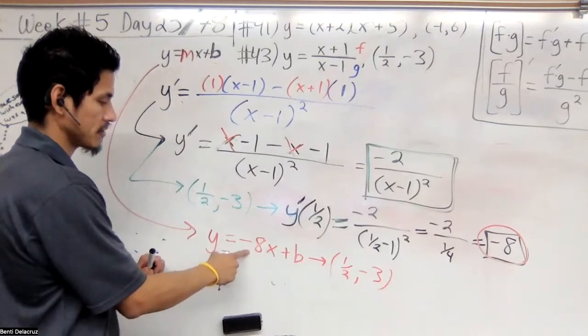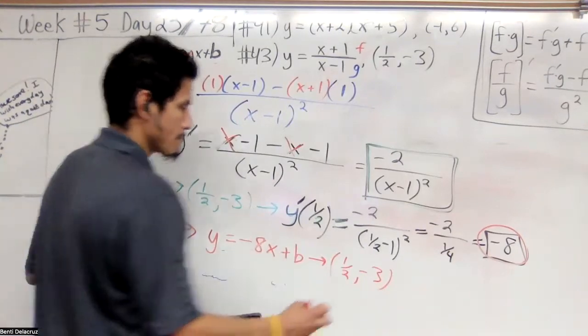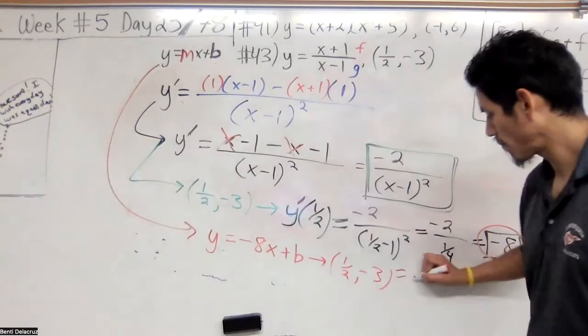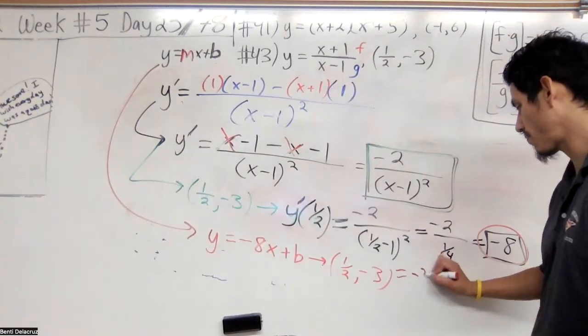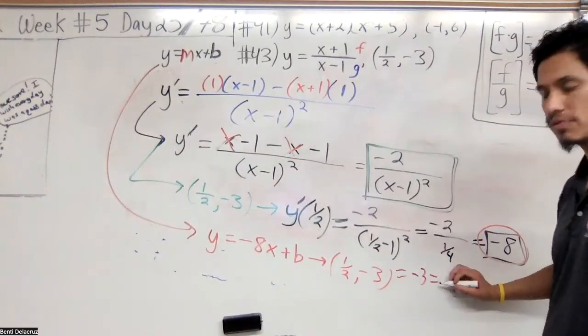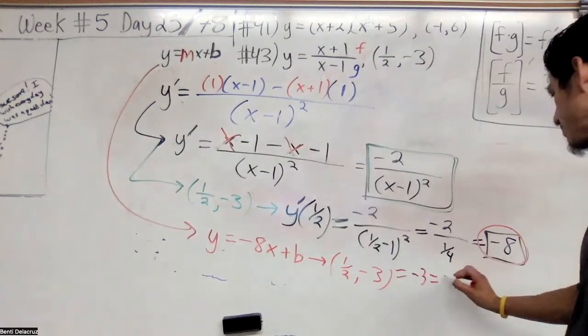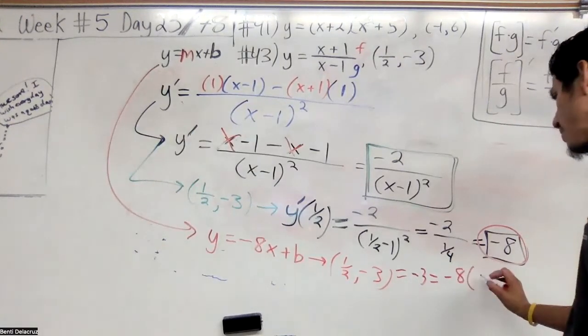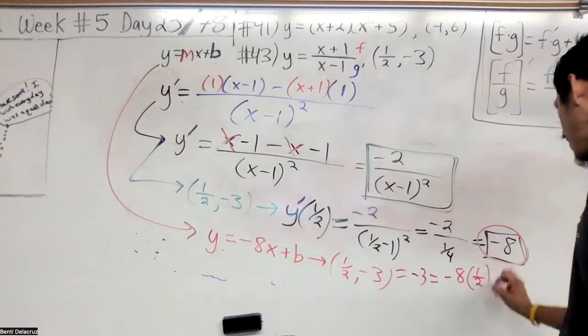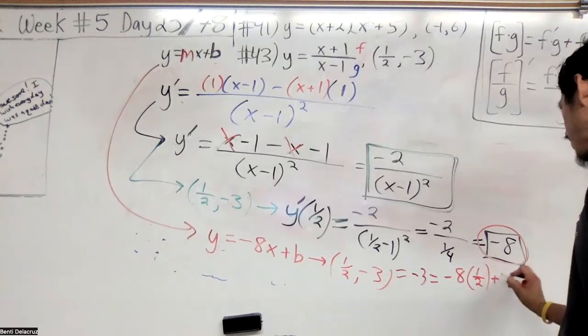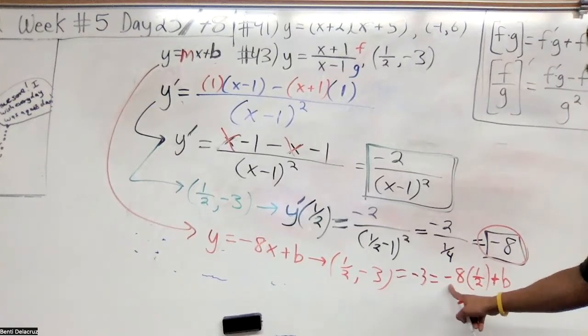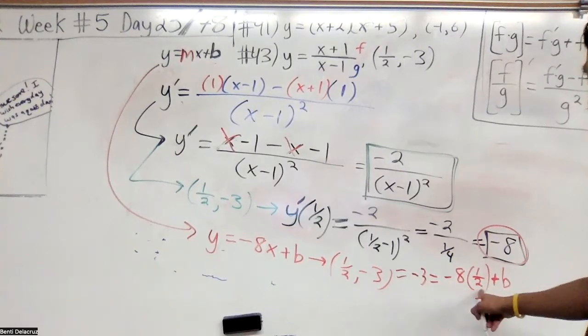So -3 equals -8 times 1/2, plus b. -3 equals -4 plus b.